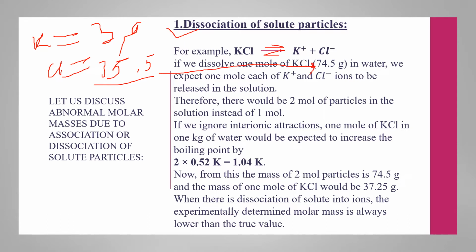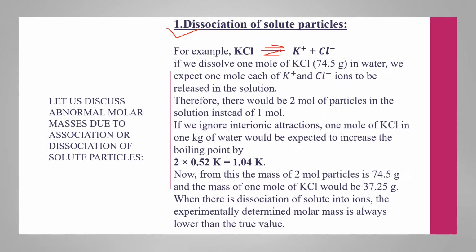So 1 mole of KCl contains 74.5 gram in water, and we expect 1 mole each of potassium ion K+ and chloride ion Cl- to be released in the solution. Therefore, there would be 2 moles of particles in the solution instead of 1 mole.